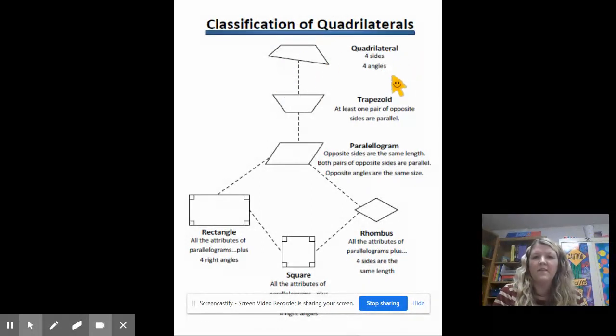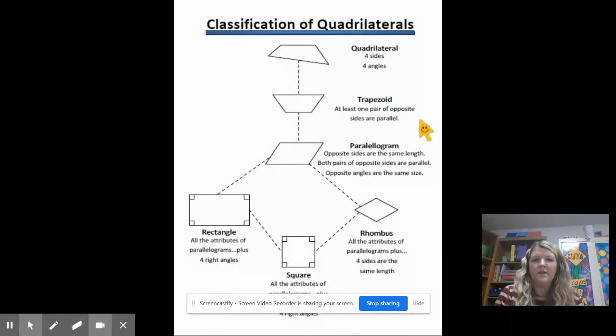If it has four sides and four angles, then it's considered a quadrilateral. Then we've got a special type of quadrilateral called the trapezoid. That's where it has at least one pair of opposite sides that are parallel. So the trapezoid has to have at least one pair of opposite sides that are parallel. So remember, we said parallel means that they're the same distance apart and they'll never intersect.